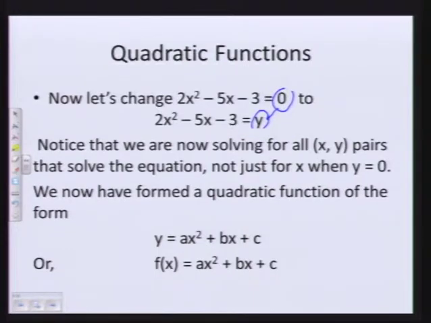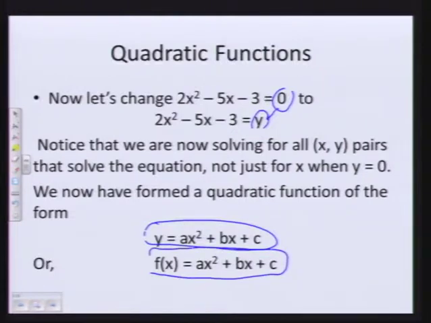So, we now have formed a quadratic function of the form y is equal to ax squared plus bx plus c. Okay, so this is in the formula where we are using y. However, if we want to put this in functional notation, which we typically want to do, we're going to have that as f of x is equal to ax squared plus bx plus c.